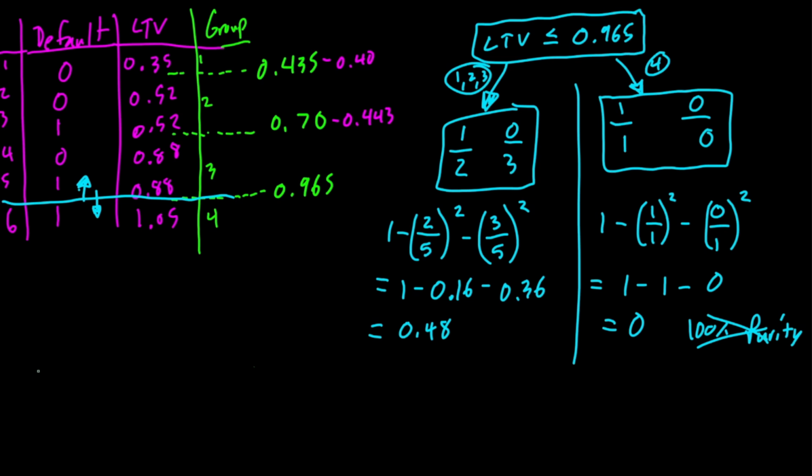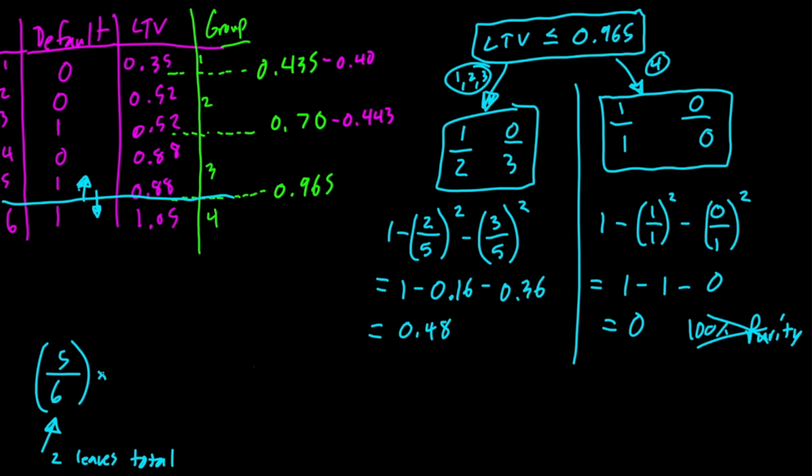And then if we do a weighted average of this, there are 5 data points in the left leaf. So 5, there are a total of 6 in our data set here where we're considering this split. So if you're splitting down through multiple leaves, you won't use the entire data set here because we're starting to partition out. But in our full set of the 2 leaves, more importantly, this is the 2 leaves total.